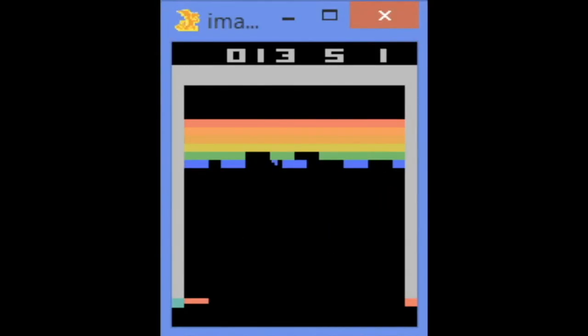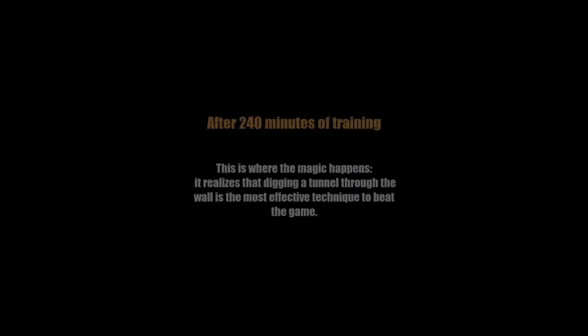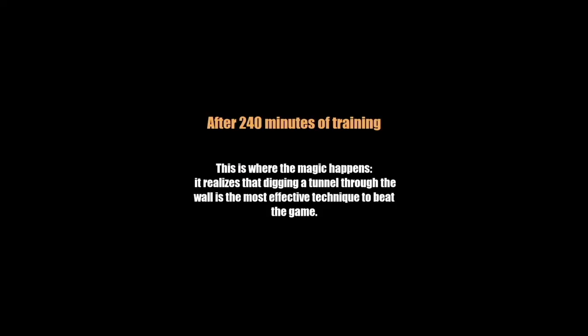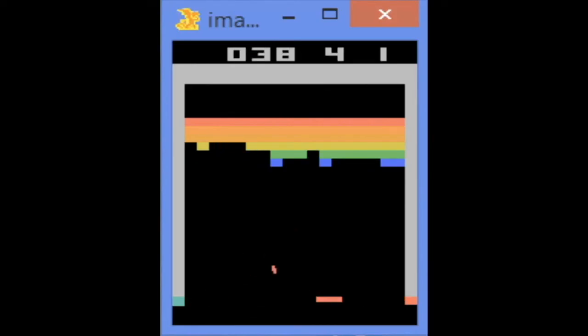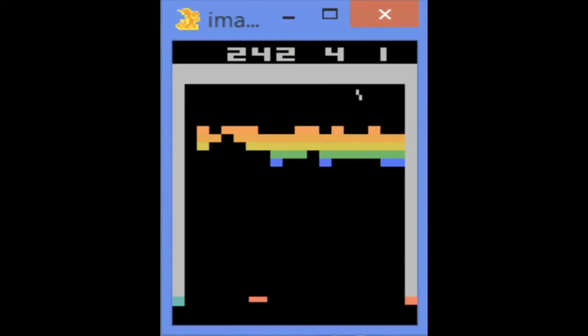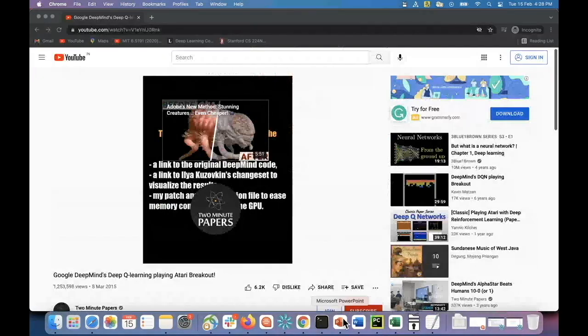After a considerable amount of training, it is able to move the paddle very accurately. So just by sampling the screen and with a lot of training, by playing a lot of these instances of these games, it is able to recognize these strategies, right?